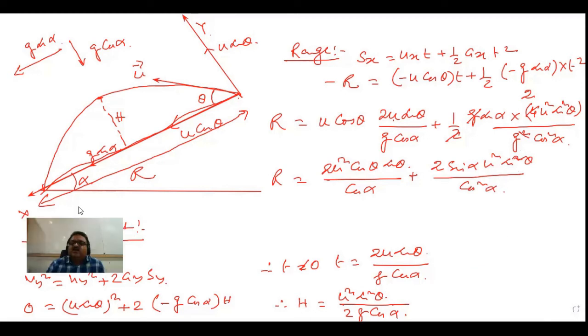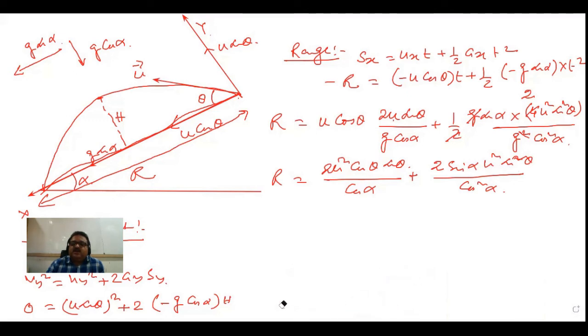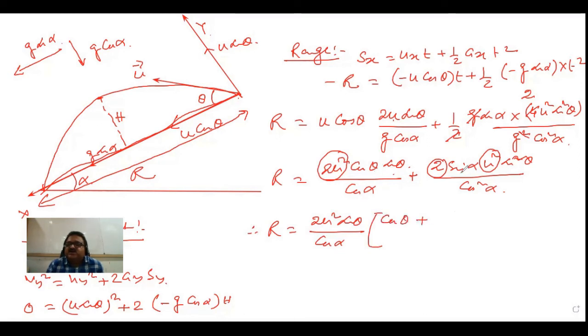Now take the thing common. R equal to 2u square. Take 2u square common from both of these, and sine theta common by cos alpha common. So the thing which we left here is only cos theta, plus here it is sine alpha sine theta by cos of alpha.